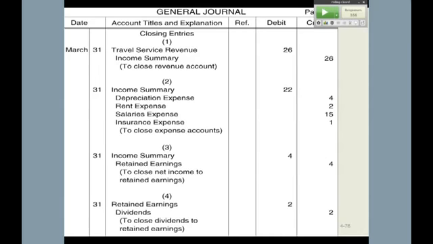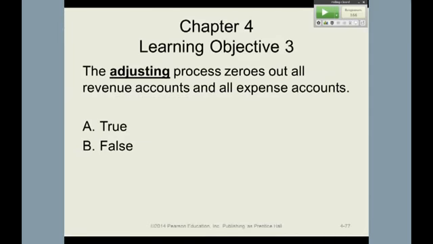All right, so let's try some questions. Just a couple. The first question says the adjusting process zeroes out all revenues and expense accounts. So I'll give you a minute for this one. This is a warm-up. Okay, I'm timing it.